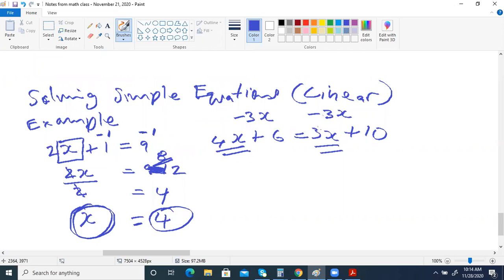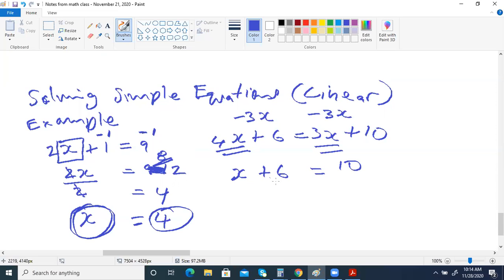So I was making a point that we want to have the x's on the left side. So this x that's on the right side, we subtract it. So 3x minus 6, that's gone, that's 0. So 4x minus 3 is x. So we have x plus 6 is equal to 10.